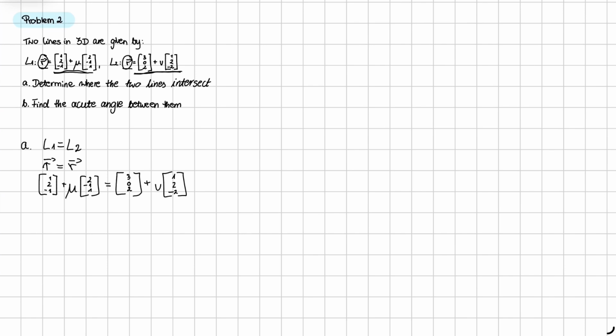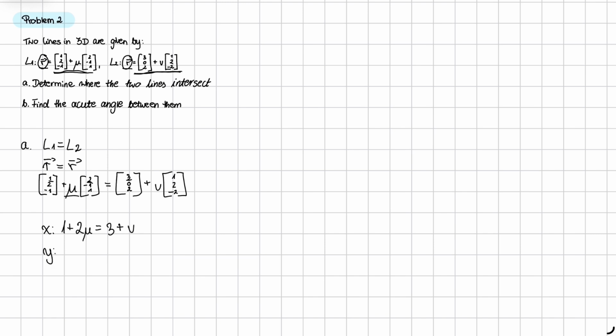So this is our equation, and now we have to take each coordinate. So our x coordinate is the first one, so 1 plus 2 times mu, so 2 mu equals the x coordinate from the second vector, so 3 plus 1 times v, so just v.